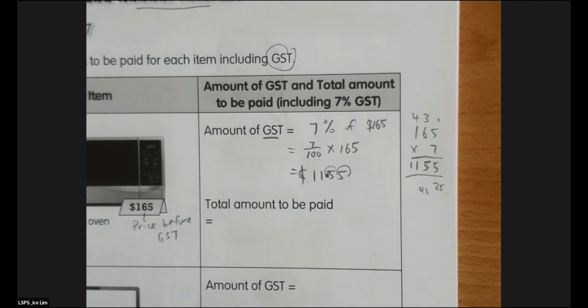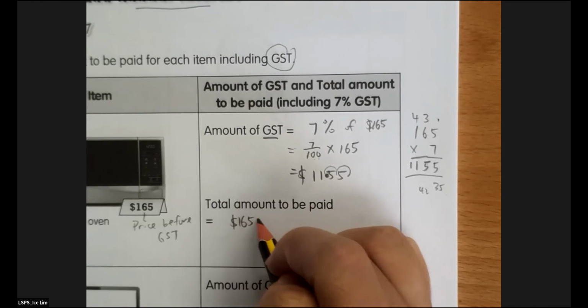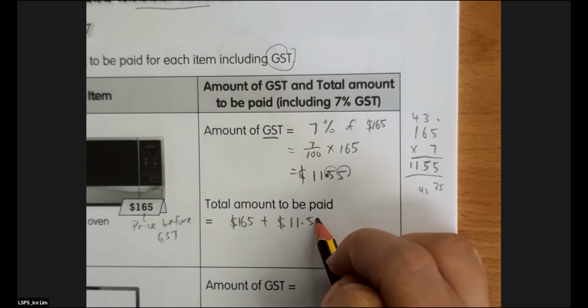So the total amount to be paid will be the original price $165 plus the GST to be paid $11.55.